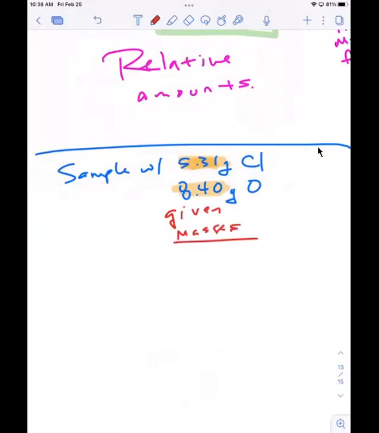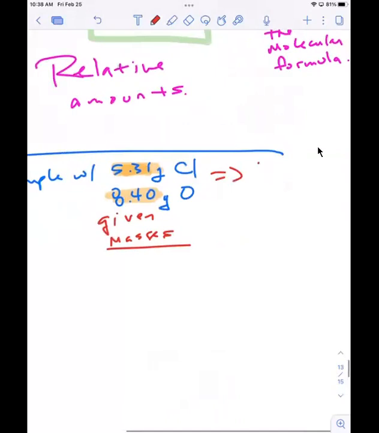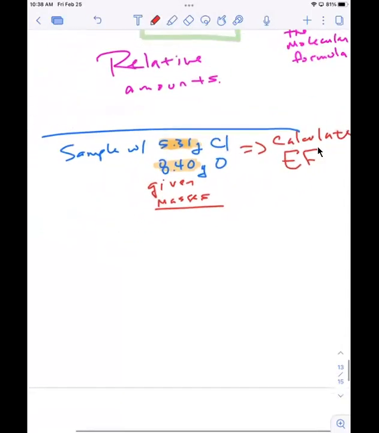And in order to calculate the empirical formula, we take what? And if we have a given mass, what do we need now? Your atomic mass. The atomic mass for each atom. So how would we set up chlorine? Let's set that up.